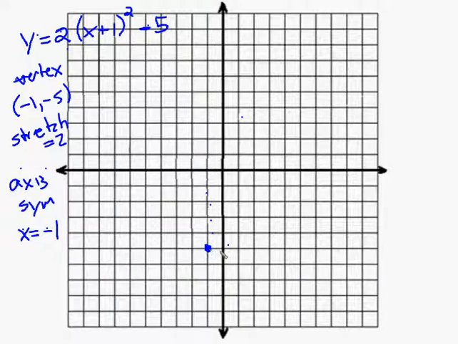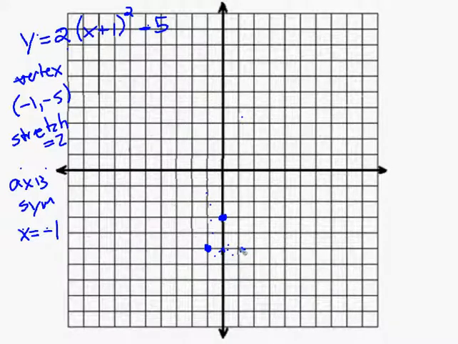Okay, if I go right 1, 1 squared is what? 1. But now I have a stretch factor, so instead of going up 1, I'm going to go up 1 times 2. So I'm going to go up 2 because I stretch it by 2. If I go right 2, 2 squared is 4.